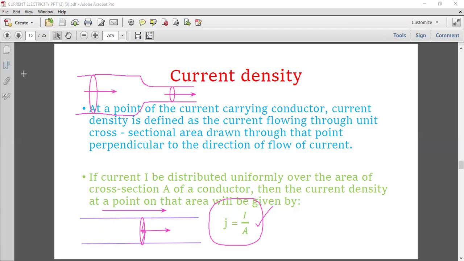Now if you see here, which cross-sectional area is more? Cross section X has more area and Y has less area.